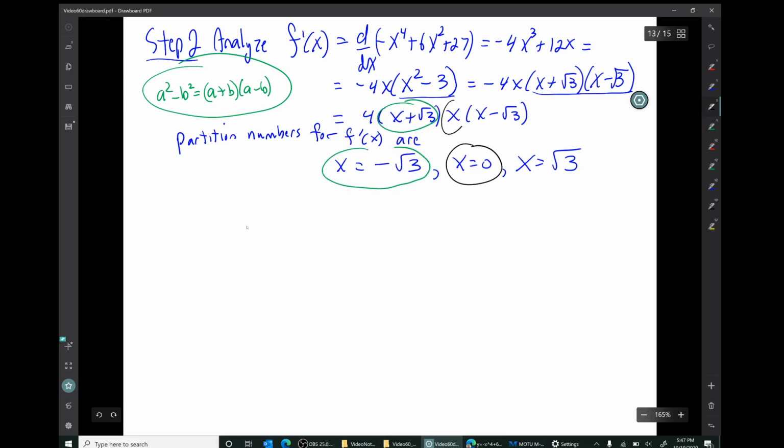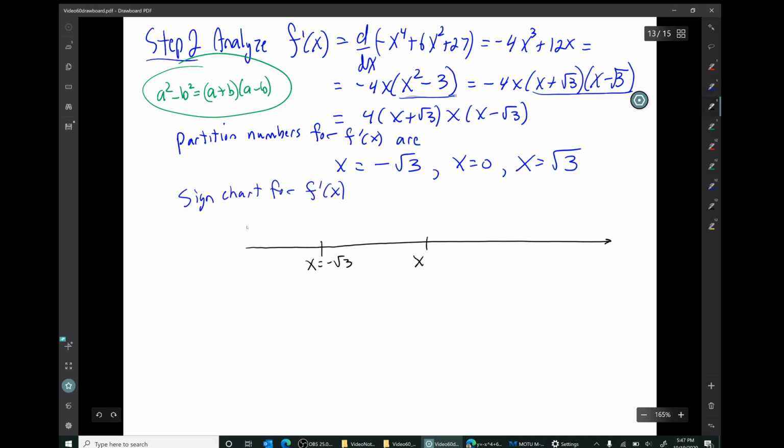This partition number corresponds to that factor. And this partition number corresponds to that factor. Now we need to make a sign chart for f prime. So there's our sign chart for f prime with the behavior at the partition numbers indicated.